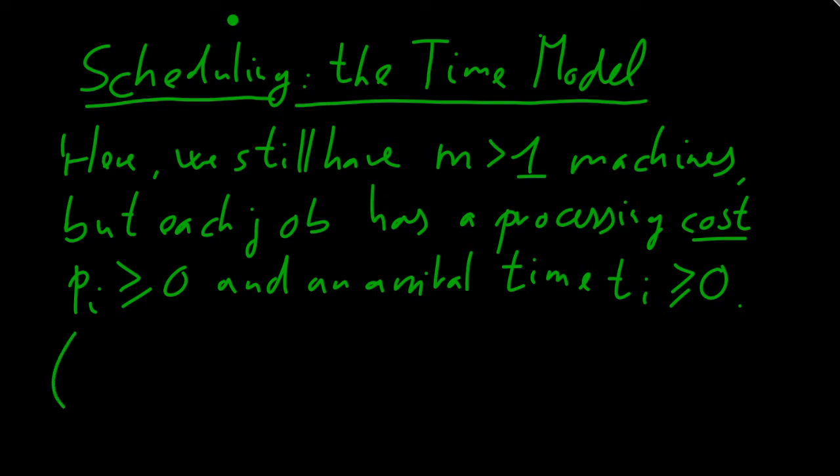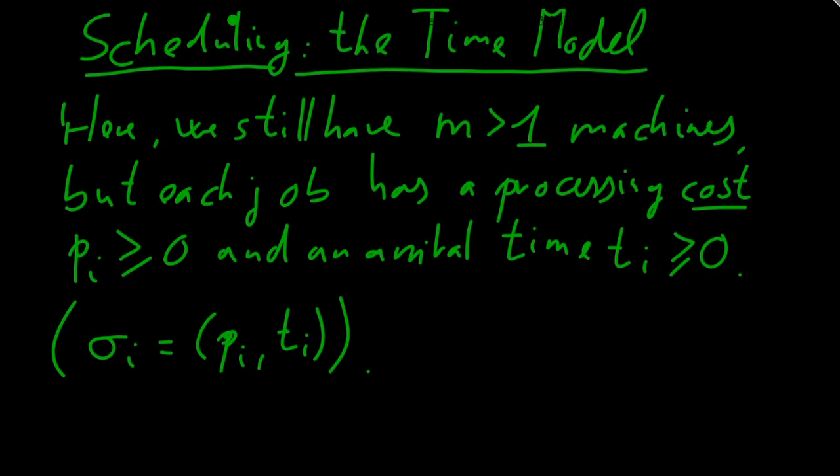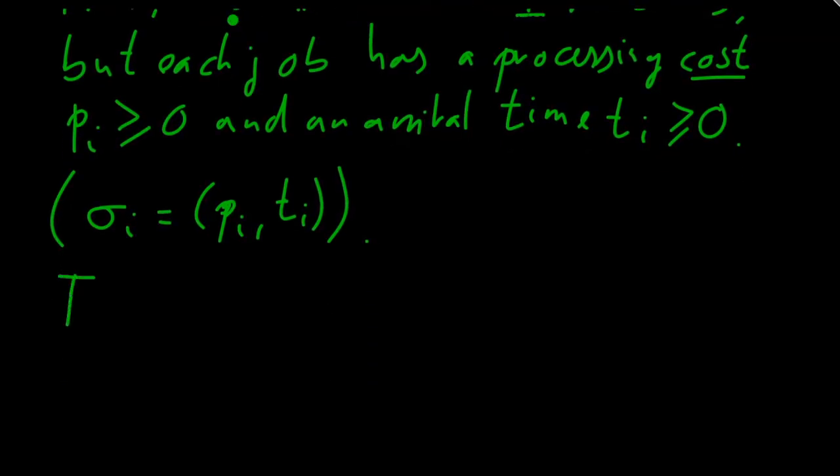Now, the sigma i is always just a pair pi, ti. Usually in the examples I will use the first coordinate for denoting the cost and the second coordinate for denoting the time. And the jobs arrive in the order of their arrival time, of course.